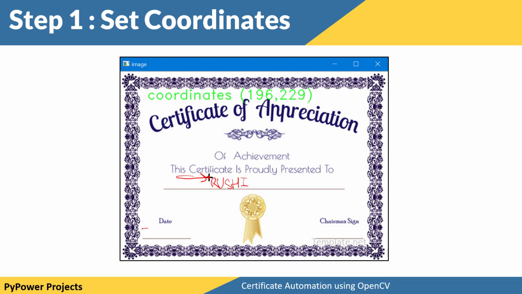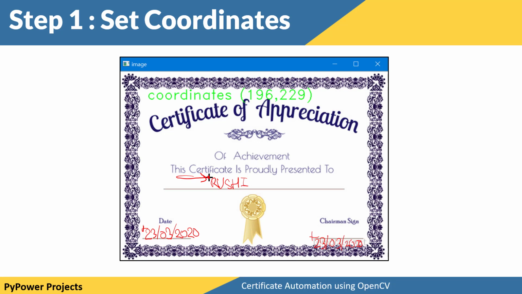Similarly for date, if you start from here, then it will write from here 23/03/2020, and if you select here, then it will start from here 23/03 and so on. So you have to select the top corner and double click to select that event.